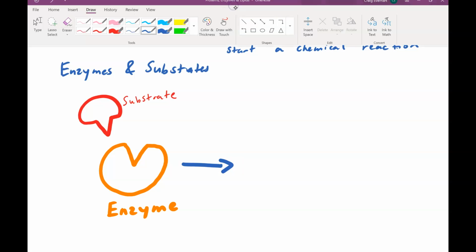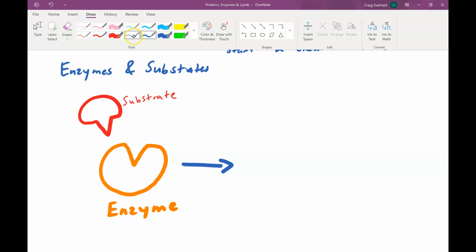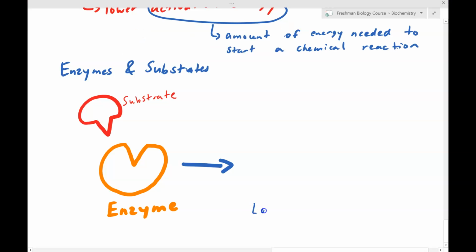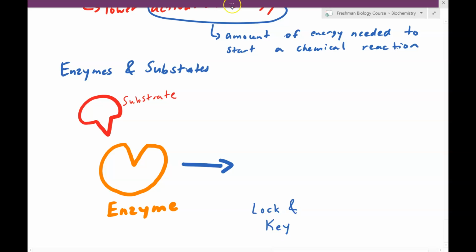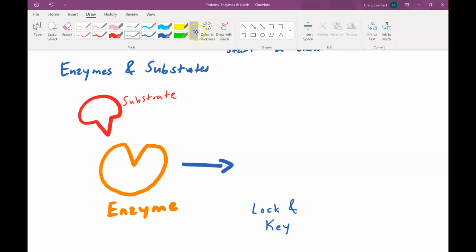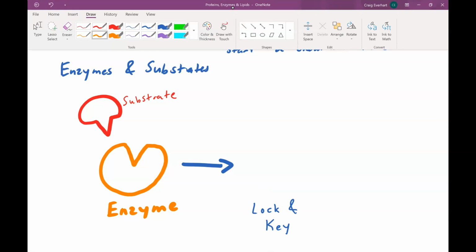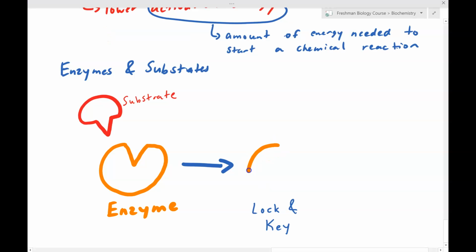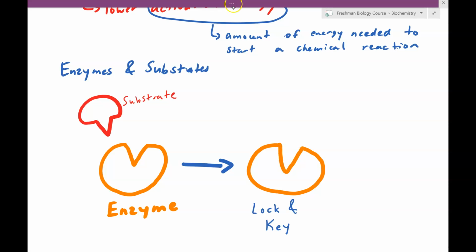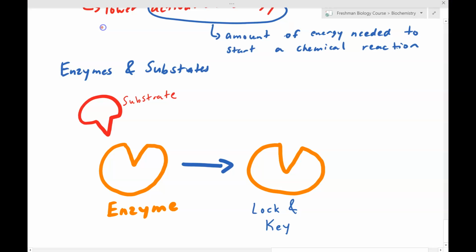They are going to bond, and we're going to call this the lock and key model of enzyme substrate specificity. You should have also taken notes from the virtual lab that we went over in the last class, and that you would have gone over for homework. So there again is my enzyme, and then my substrate fits perfectly.